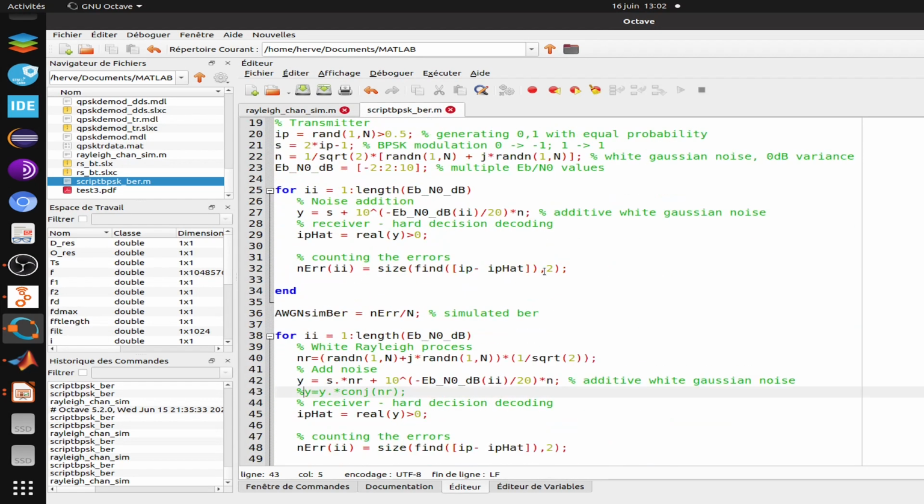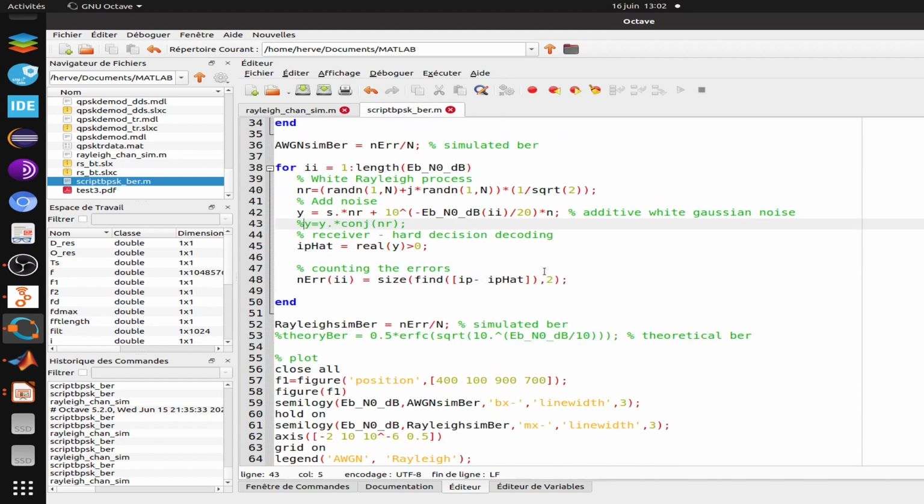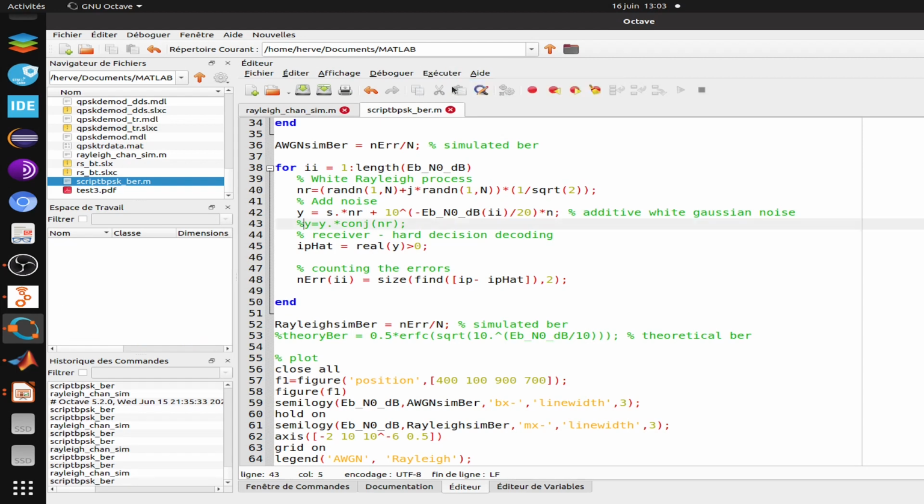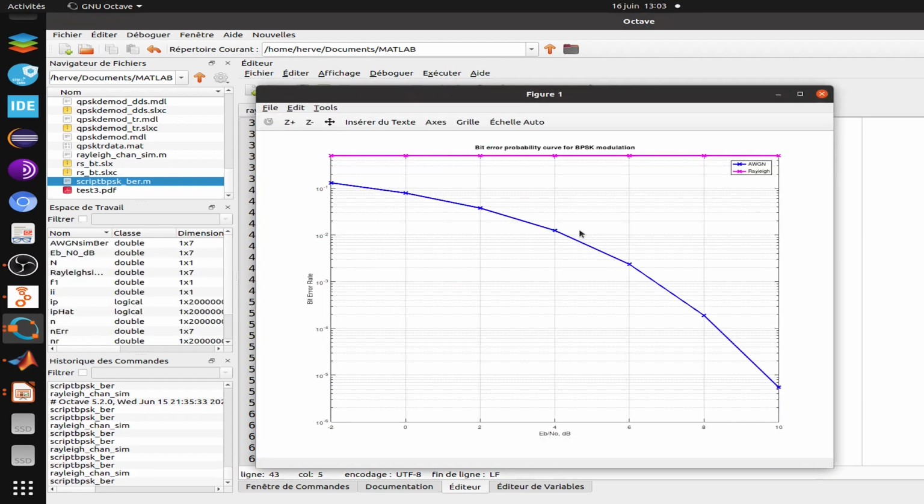Now, if we want to look at how to obtain a bit error rate curve for this channel, if you don't take into account something quite important, you won't get exactly the curve that is expected, the one you find in specialized books. So for example, if I don't take this parameter into account, I'm going to have a Rayleigh curve that's simply a horizontal curve. So it means that the BER is maximum, so there's something wrong with it.